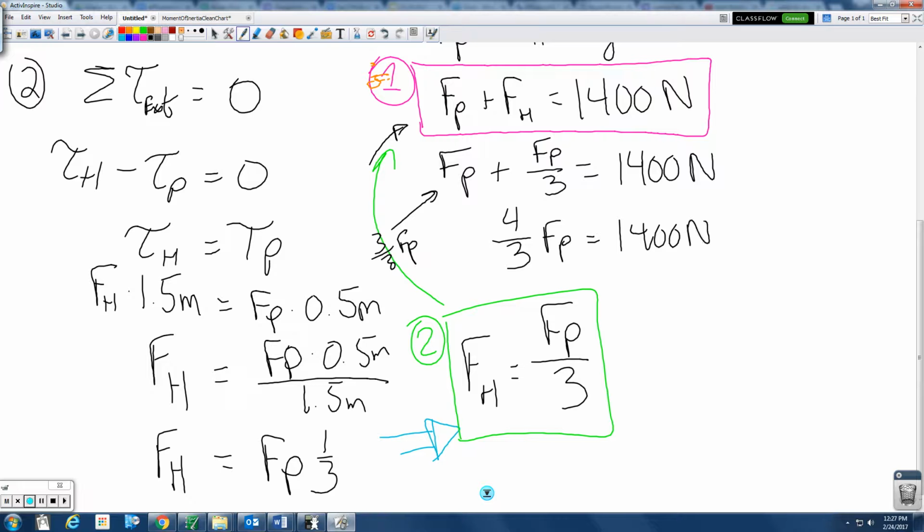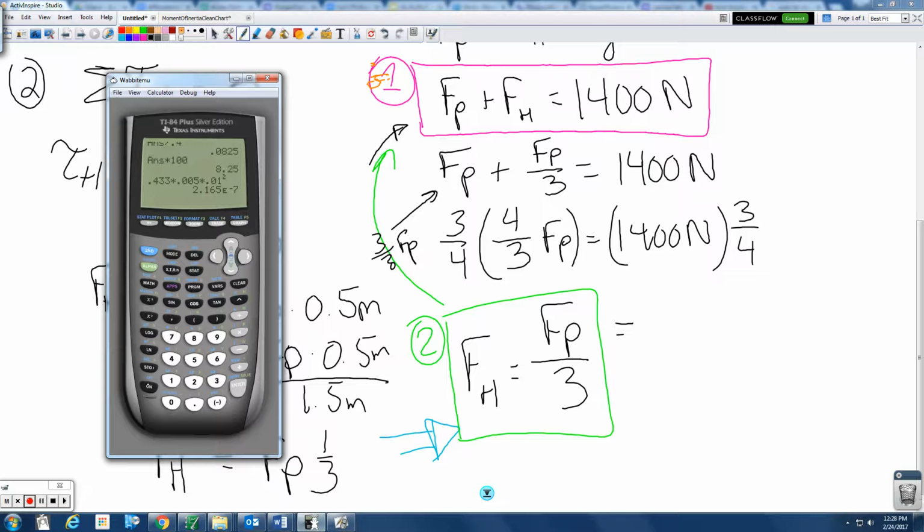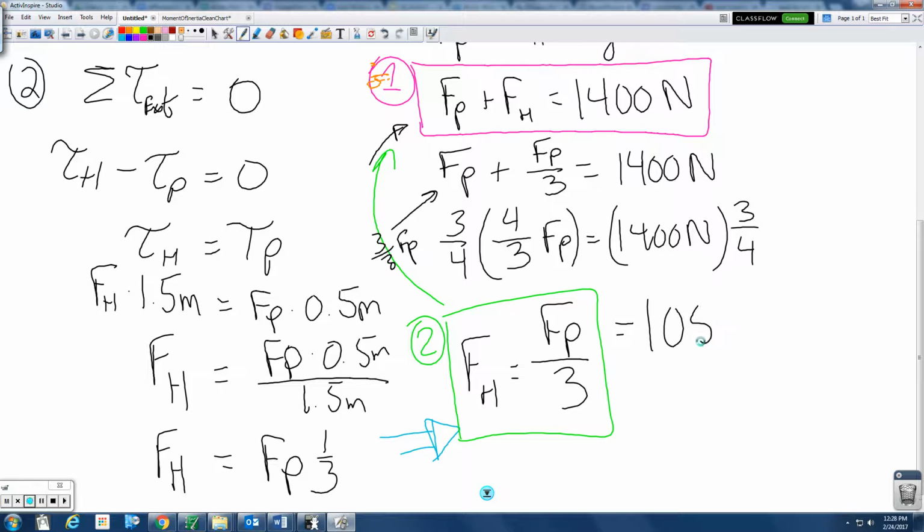So I'll multiply each side by 3/4, and we'll be solving for the force of Paul. So we take a calculator if we need it, 1400 times 0.75, we get 1050. So the force of Paul is equal to 1050 newtons.